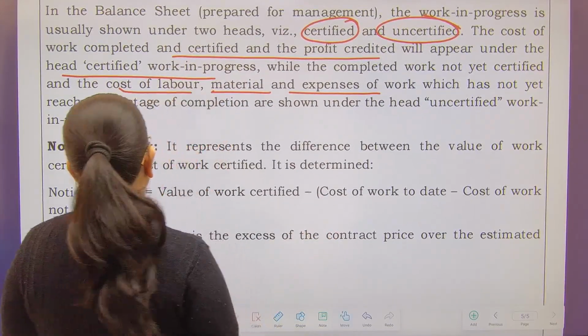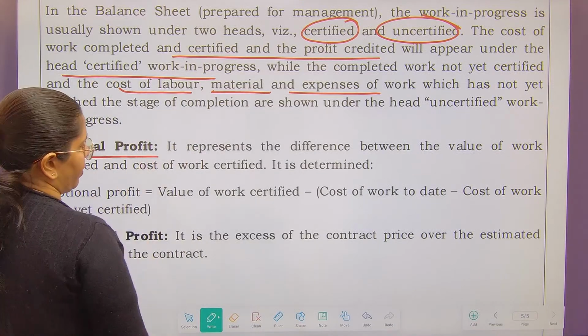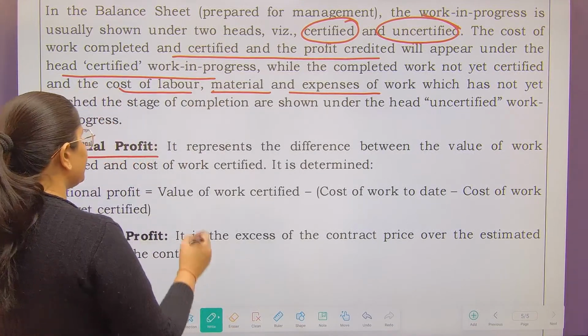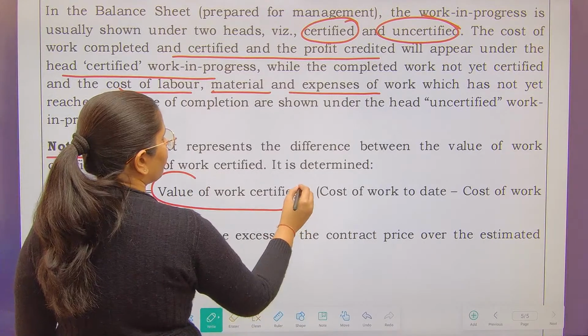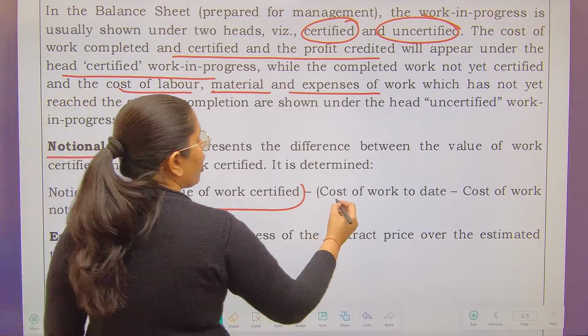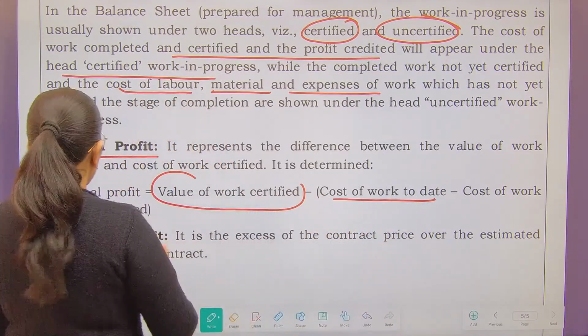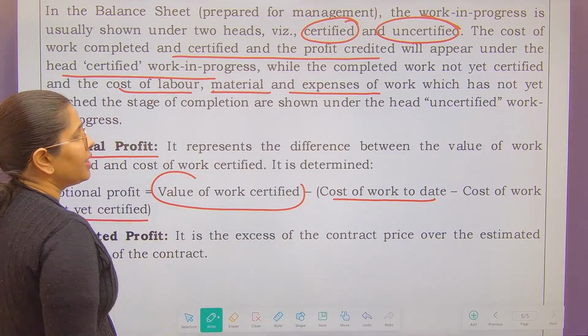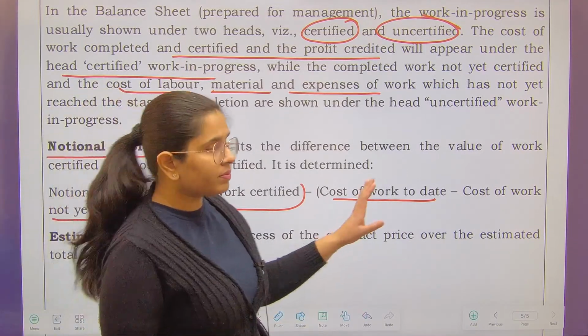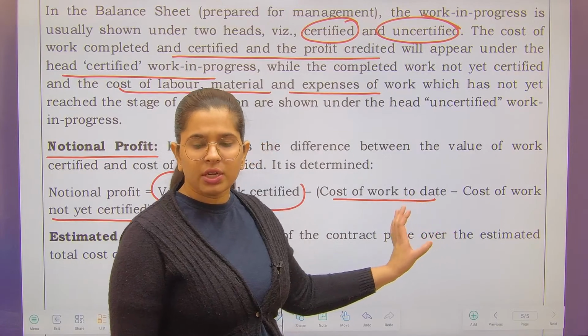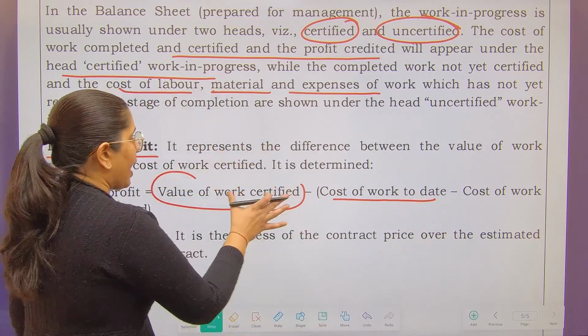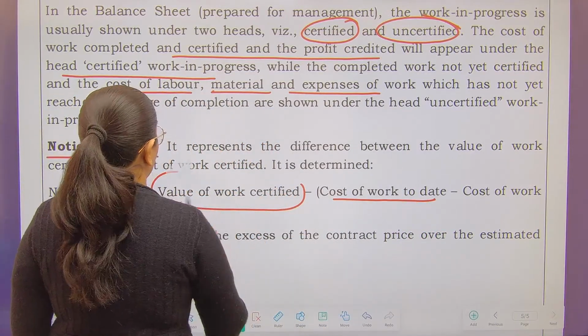Next is notional profit. Notional profit is the difference between value of work certified less cost of work to date, cost of work not yet certified. So in this particular scenario, I will simplify this.